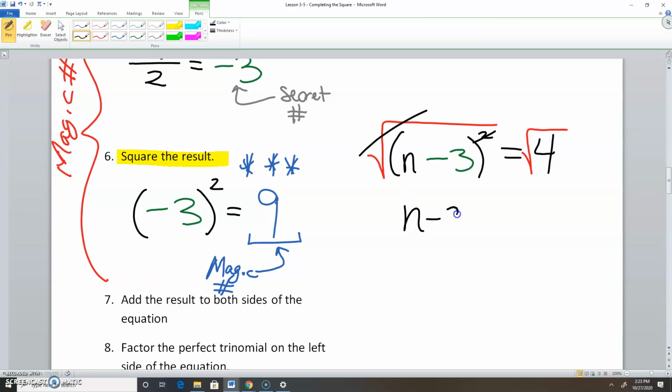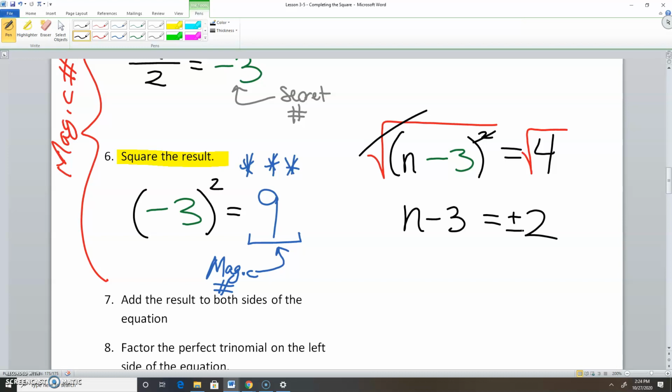I'm left with just an n minus 3. And that's going to equal the square root of 4. Most of you are going to say, oh yeah, so that equals 2, which is correct. But we just talked about on the one before this, it does not equal just a 2. It equals a positive or a negative 2, a plus or minus 2. Okay, so now I have n minus 3 equals plus or minus 2.